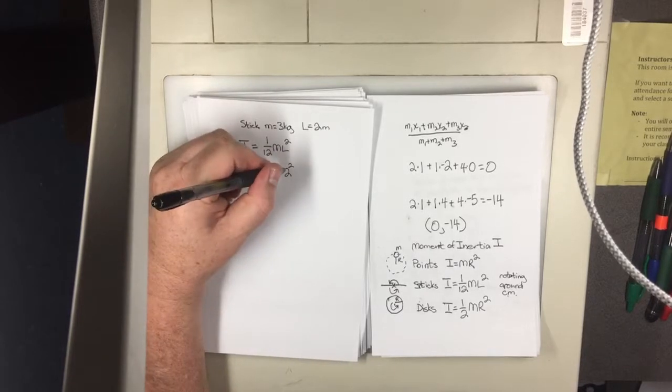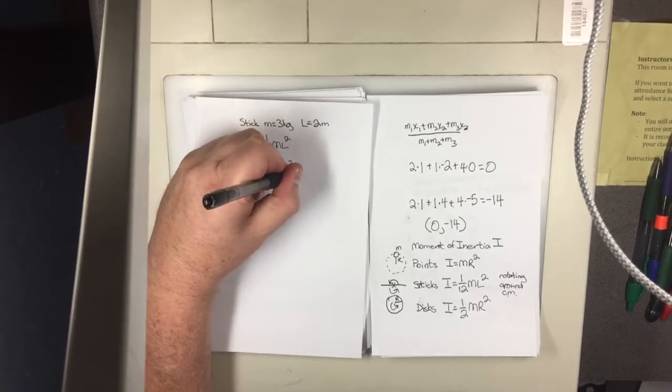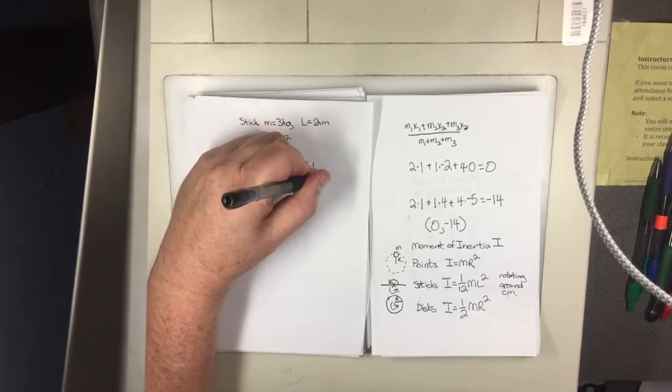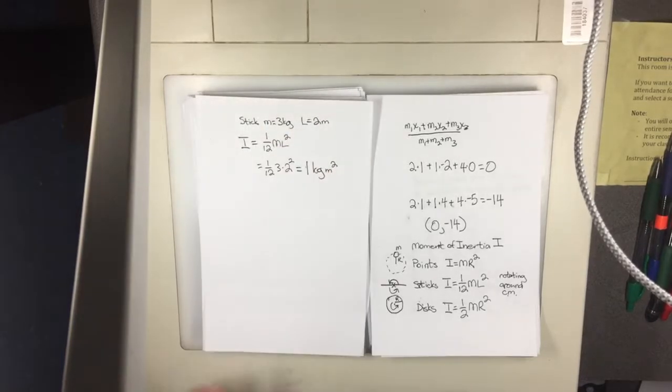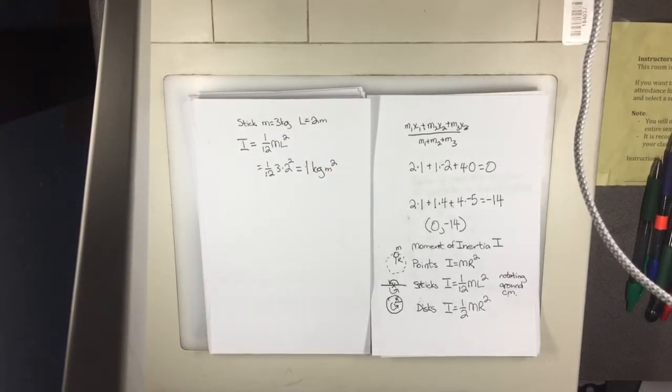Oh, I love this. I must be subconsciously making these numbers. 2 squared is 4, 4 times 3 is 12, 12 times 1/12 is 1 kilogram meter squared. And that's the moment of inertia of a 2 meter long, 3 kilogram stick rotating about its center of mass.